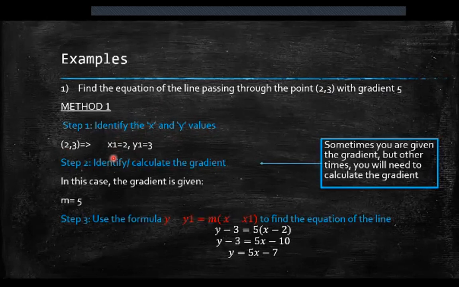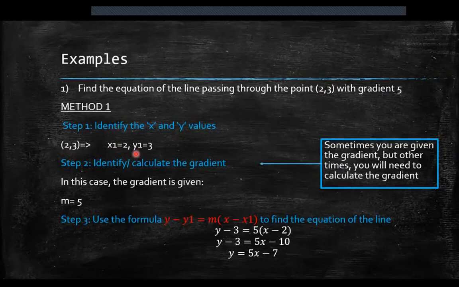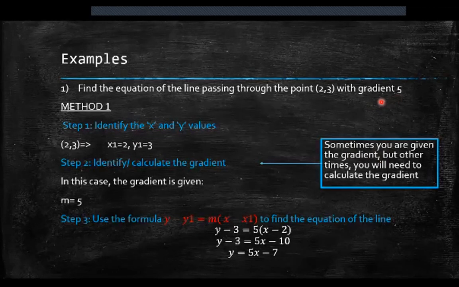So 2 is x1, and y1 is 3. Step 2 is to identify or calculate the gradient. Identify the gradient, that's if it's given to you. Sometimes you're given the gradient, and that's when you would just identify. So look at the question and see what the gradient is. Other times, you might have to calculate it. I'll show you that just now, right? So in this case, they gave you the gradient already. So all you have to do is identify it. M, also known as the gradient, is equal to 5. This told you that right here with gradient 5.